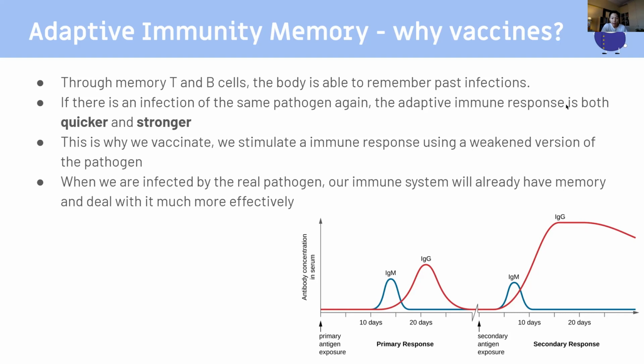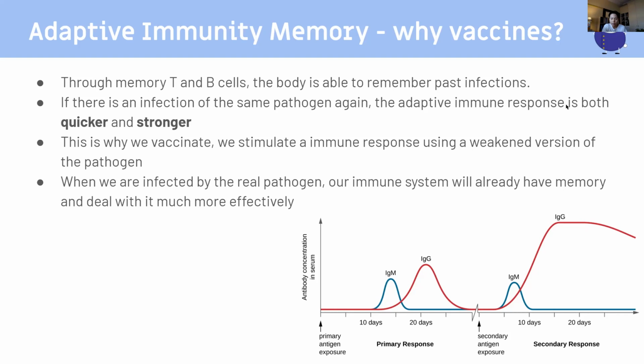So there's about a time delay of 10 days. After that subsides, we have our memory T and B cells. When we do get a second infection, shown by the secondary antigen exposure, you can see that the immune response is now much quicker.